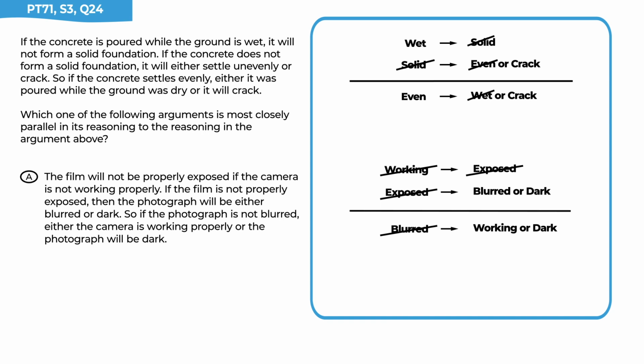As soon as you have some matching ingredients, you should try to figure out what the correct matching conclusion would sound like. This one looks good. So if it's not blurred, then either we didn't launch this chain, it was working properly, or we launched this whole chain and we're going with that second option of being dark.